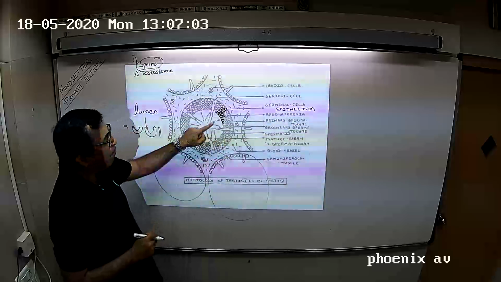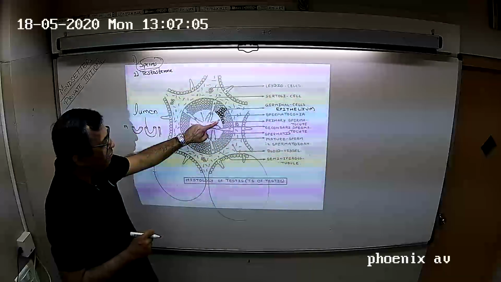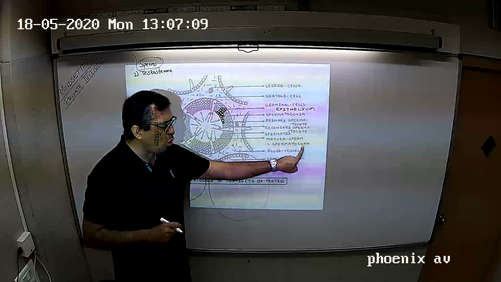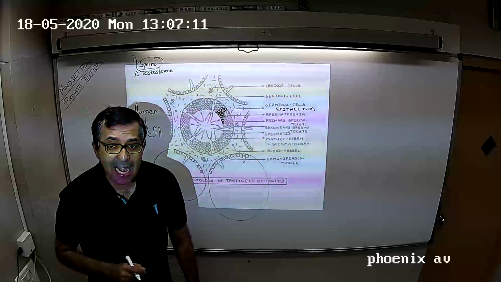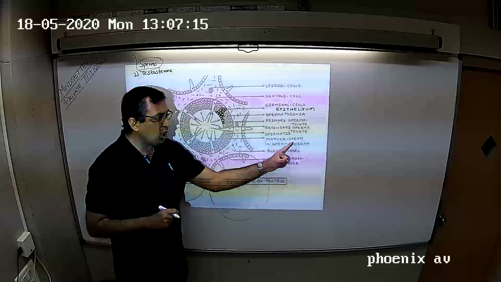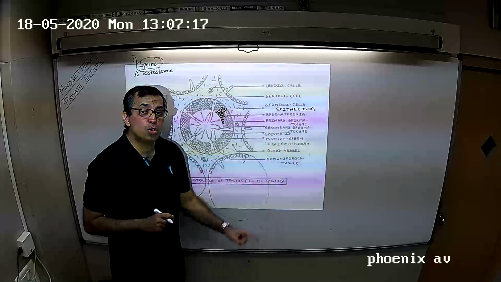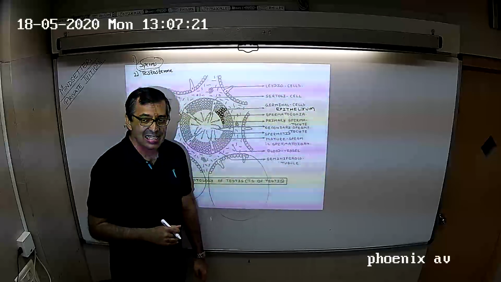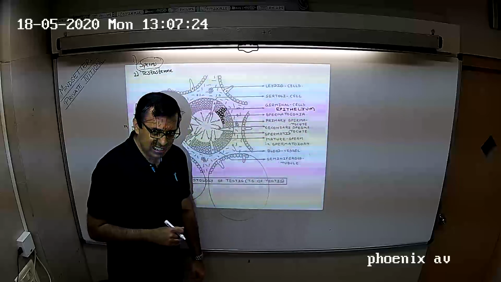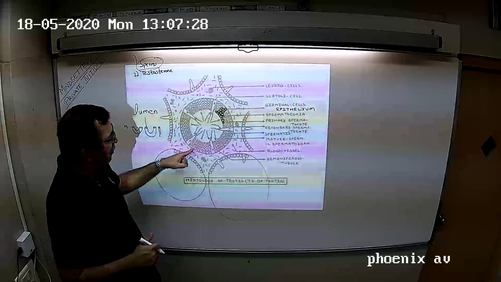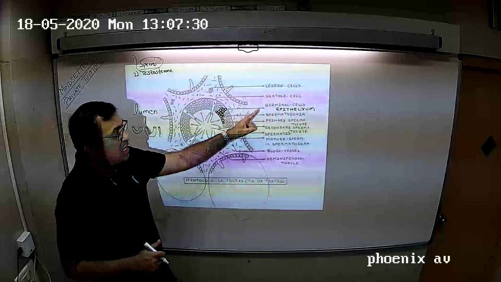Spermatids, and spermatids then form mature sperms which are also called spermatozoa. So what do spermatids form? Mature sperms called spermatozoa. This process is called spermatogenesis.